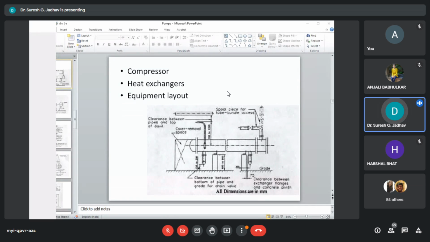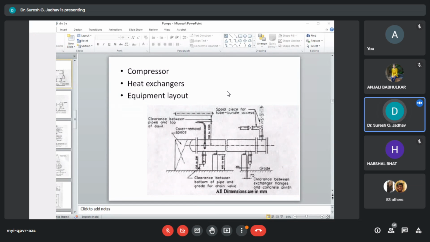In heat exchangers, we have discussed the different kinds of heat exchangers. We have seen the basic types used in the chemical process industry: fixed tube sheet heat exchangers, U tube heat exchanger, floating head type heat exchanger, and the fourth one is the kettle type heat exchanger.